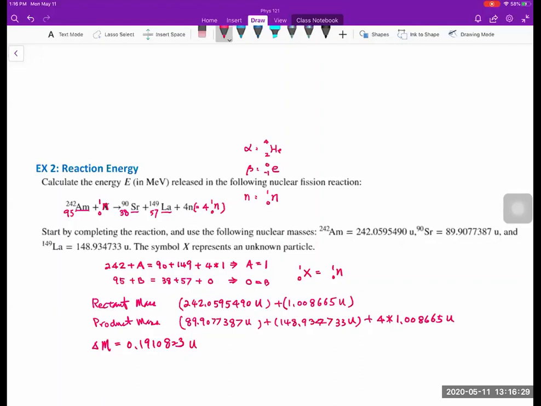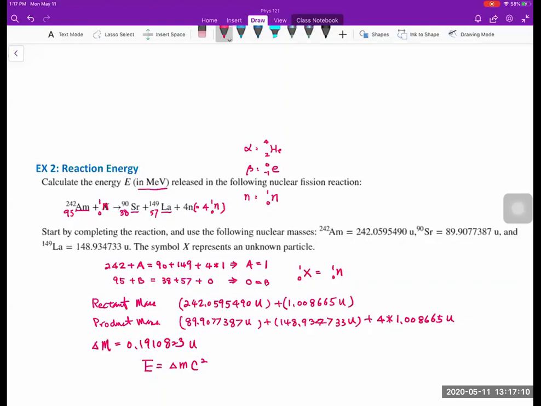Okay, and then if they're asking for the energy in mega electron volts, meaning you cannot simply answer in U. U is simply just the mass. How do you find the energy? The energy is equal to the change of mass times c squared. But if you simply multiply these two together, you get joules instead of electron volts.